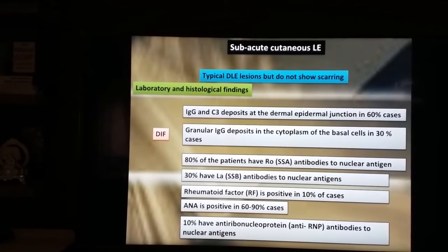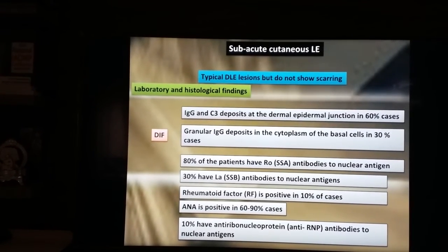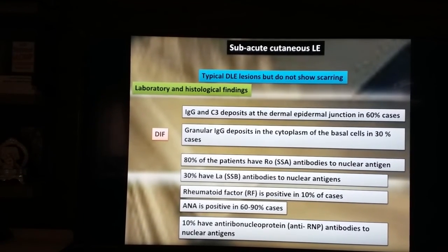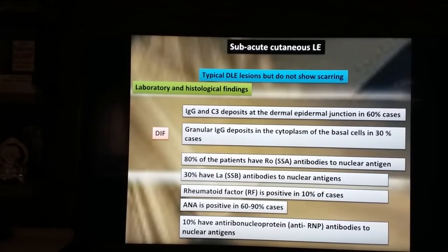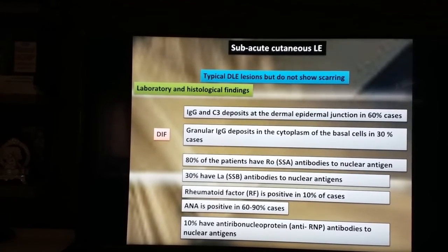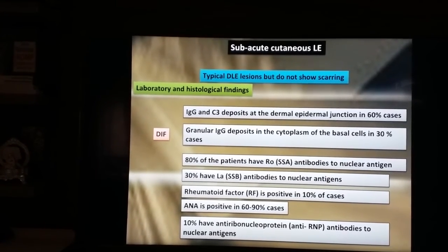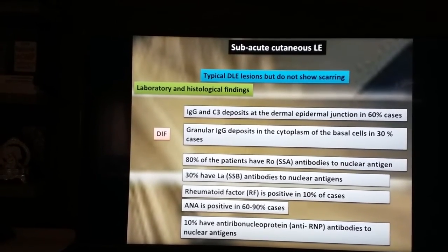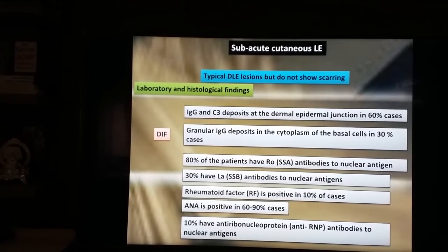There is yet another situation which could be called the subacute type of cutaneous lupus erythematosus, where you will find the typical DLE lesions but do not show any scarring. However, the laboratory investigation shows IgG and C3 deposits at the dermal epidermal junctions in 60% of cases.